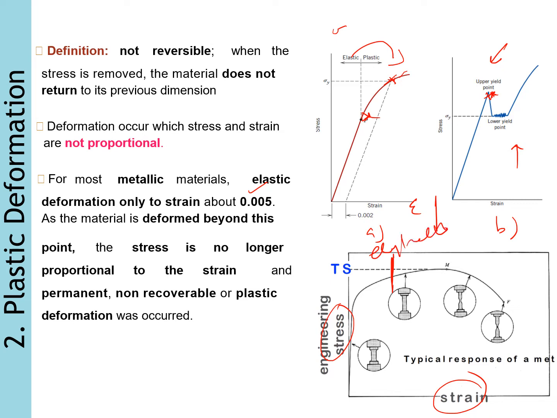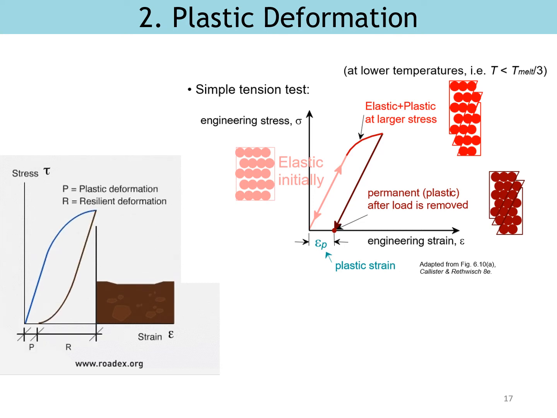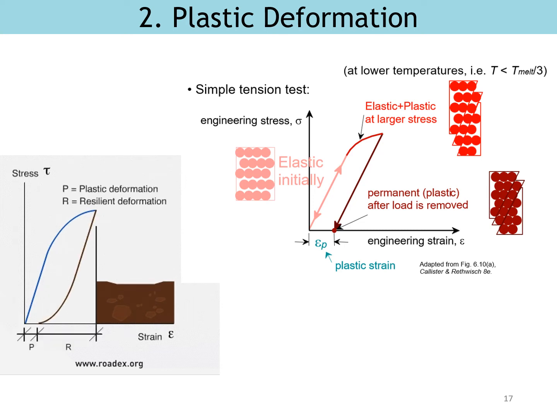By the time it reaches the maximum stress applied to the sample, the necking starts to reveal before it comes to fracture. So this can be represented by this diagram. This is plastic deformation, and another one is resilience, which was already explained to you. It is about the ability to restore energy.